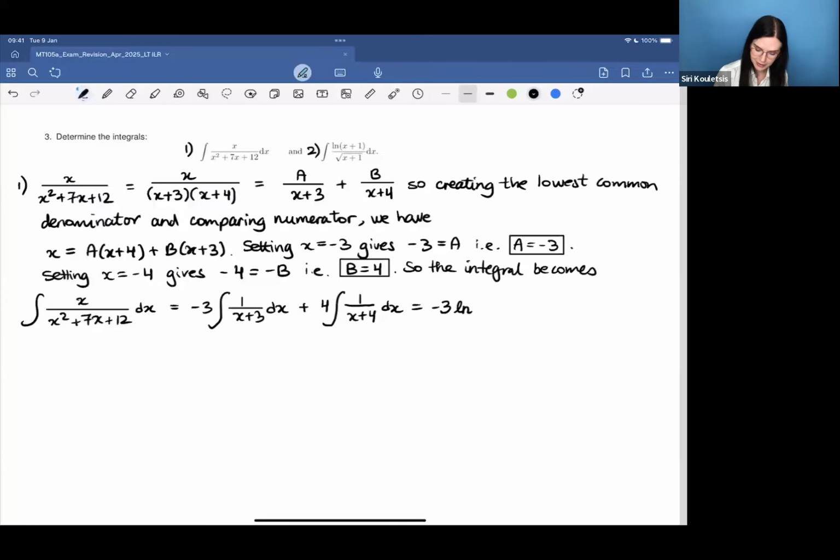I hope you're thinking that these are ln integrals. And then we add a constant of integration.